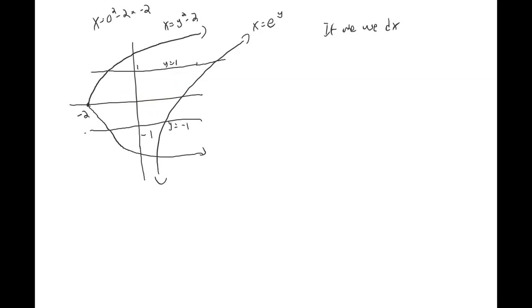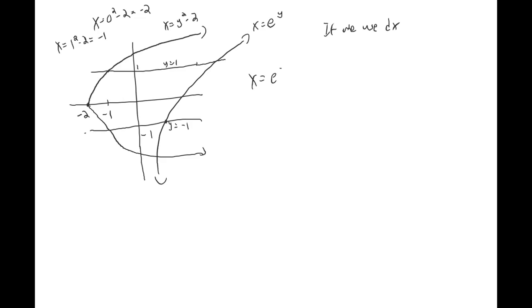And where do they intersect the lines y equals 1 and y equals -1? When y equals 1, x is -1. So this point is -1. And this point right here is where y equals -1.